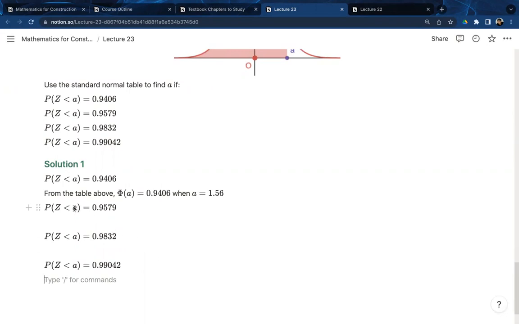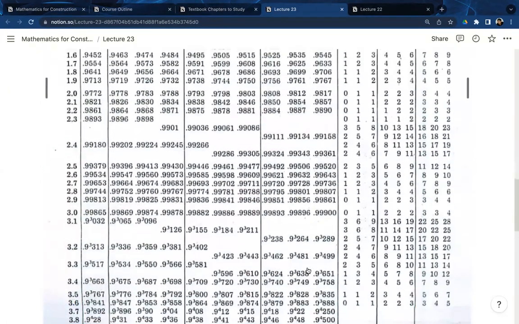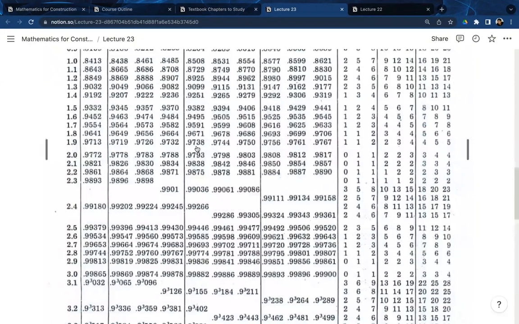Phi of a is 0.9579. Where could we find 9579? So look, 9582, 9573. We can't find 9579. It's between these two values.